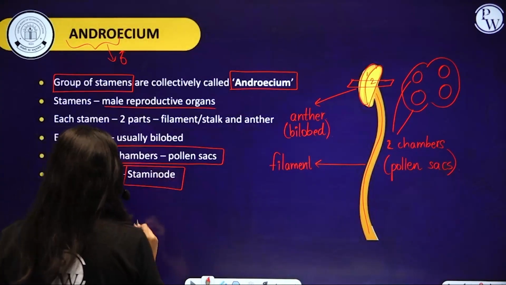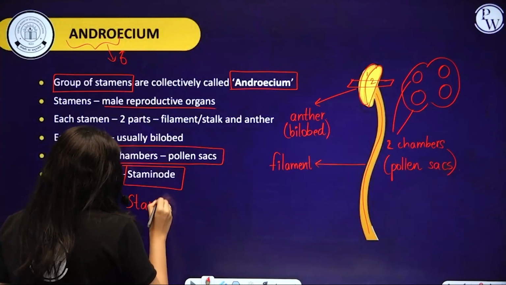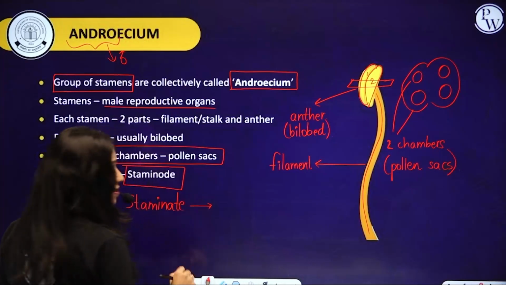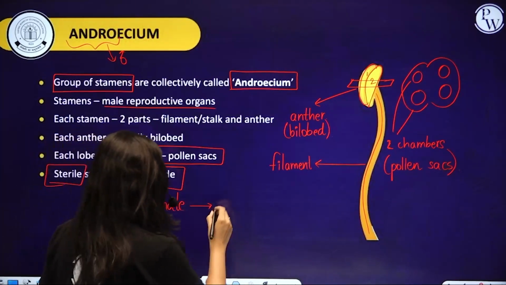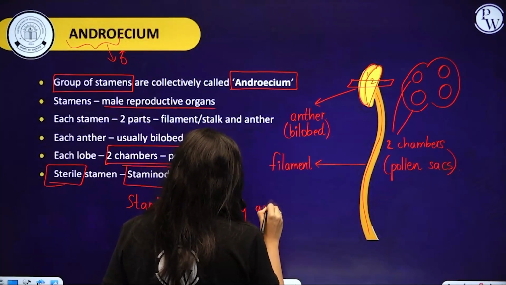Some students get confused between staminode and staminate. Staminate we discussed at the beginning of today's class. Staminate is the flower that consists of only androecium.